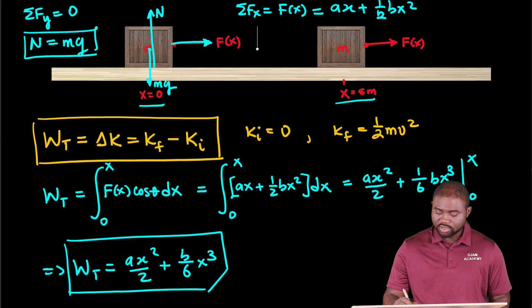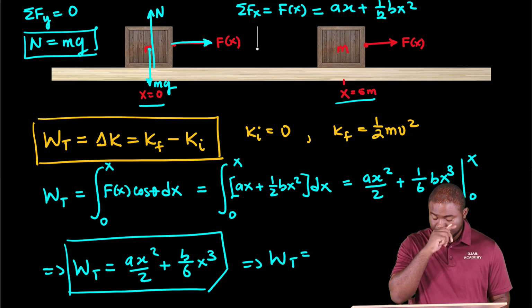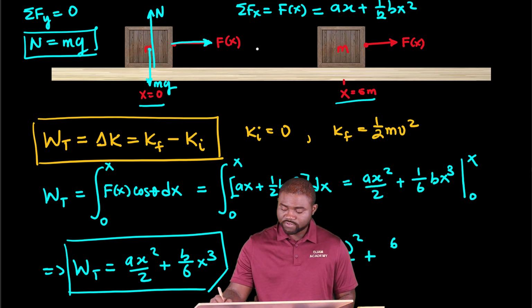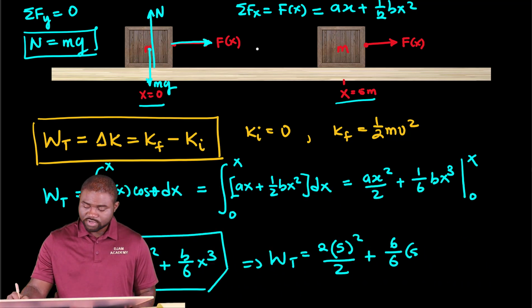So we now have the net work equal to, A is 2, so this is going to be 2 times 5 all squared divided by 2, plus B is 6, so 6 over 6 times 5 raised to the power 3.